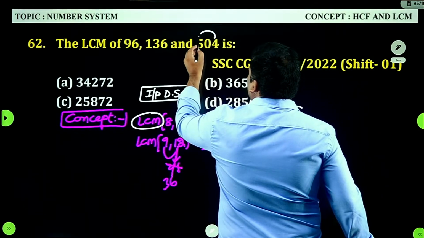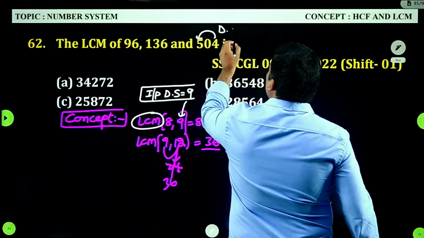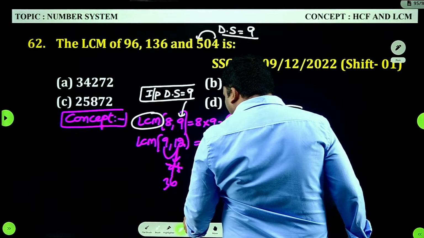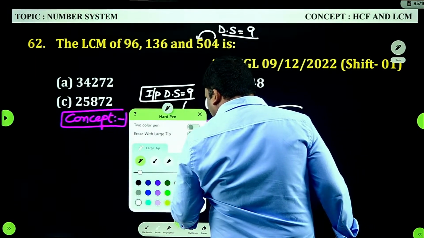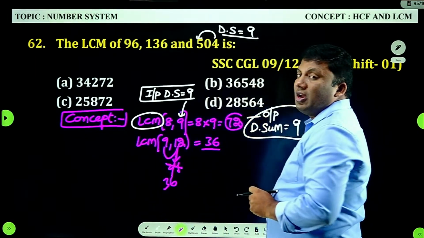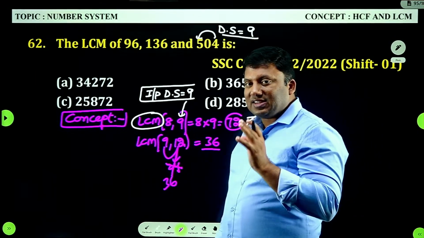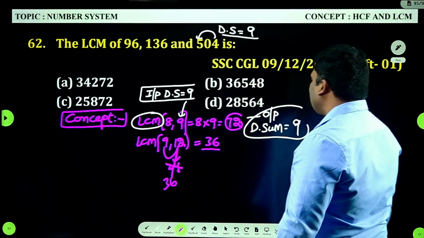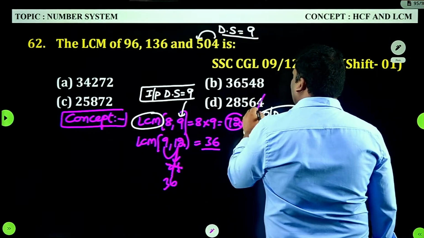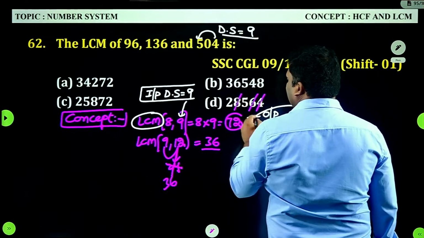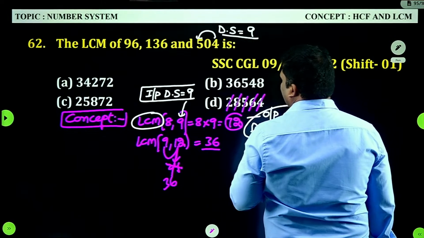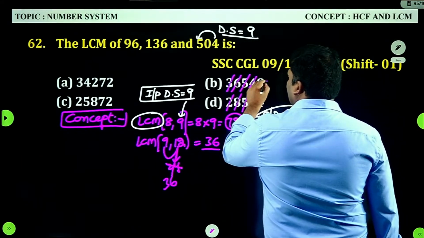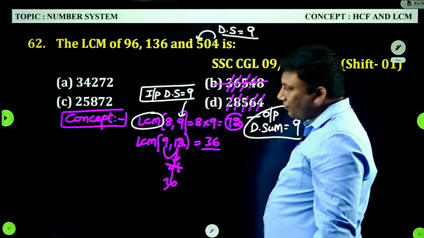Input one number's digital sum is 9: 504 is 5 plus 4, 9. After applying LCM, the answer digital sum will also be 9. 6 plus 4, 10, 10 plus 8, 18, 2 plus 5, 7, not possible. 3 plus 6, 9, 5 plus 4, 9, 8, not possible.